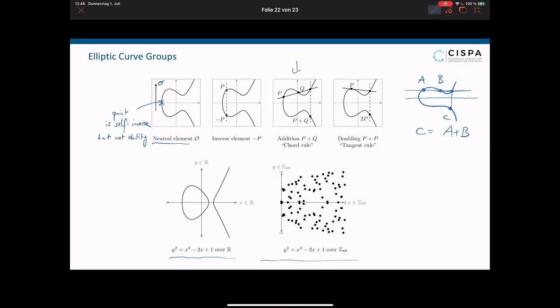Over that field, you still have this property, but you don't have nice visualization anymore. This is essentially the reason why, in all these introductions, when people talk about elliptic curves, they show them over the reals. But here's the thing: we need elliptic curves in which the discrete logarithm problem is hard, and in those over the reals, it is not hard.